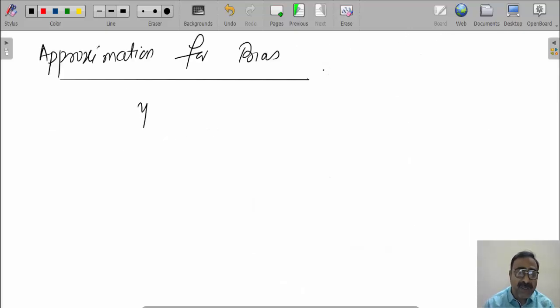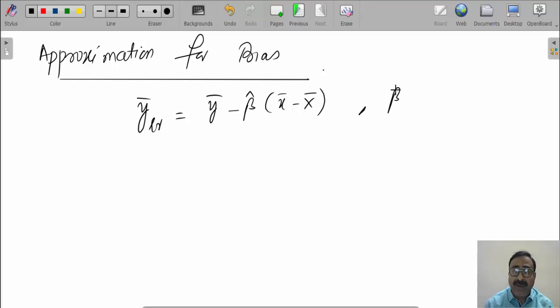We have the linear regression estimator ȳ_LR = ȳ − β cap (x̄ − X̄), where β cap equals b, that is equal to s_yx by s_x square. This β cap is the sample regression coefficient of y on x.